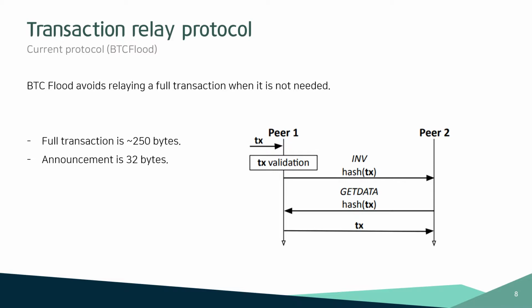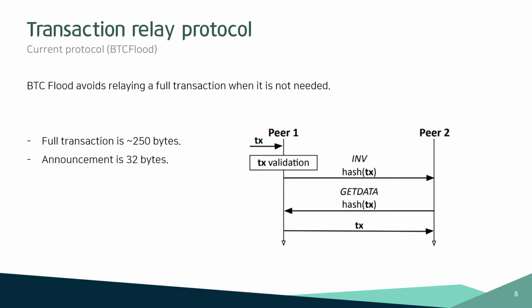For example, when peer 1 newly receives transaction 1 in the above figure, it validates the transaction, makes a hash value, and sends that hash value through an INV message to peer 2. If peer 2 has the transaction corresponding to the hash value, the message is ignored.